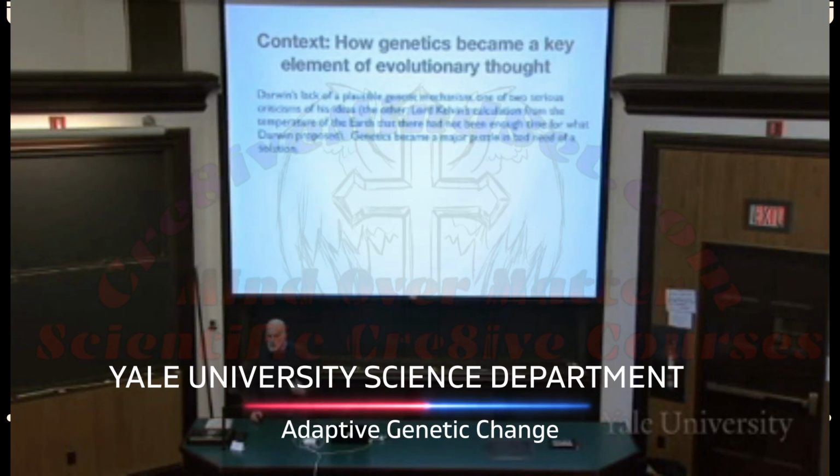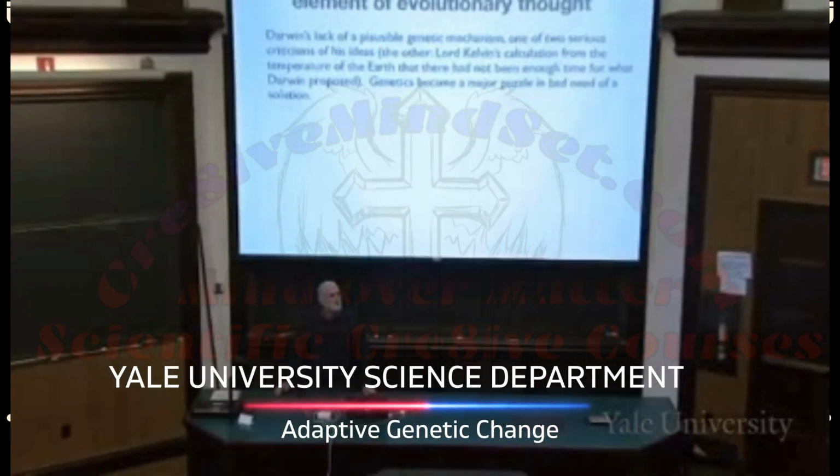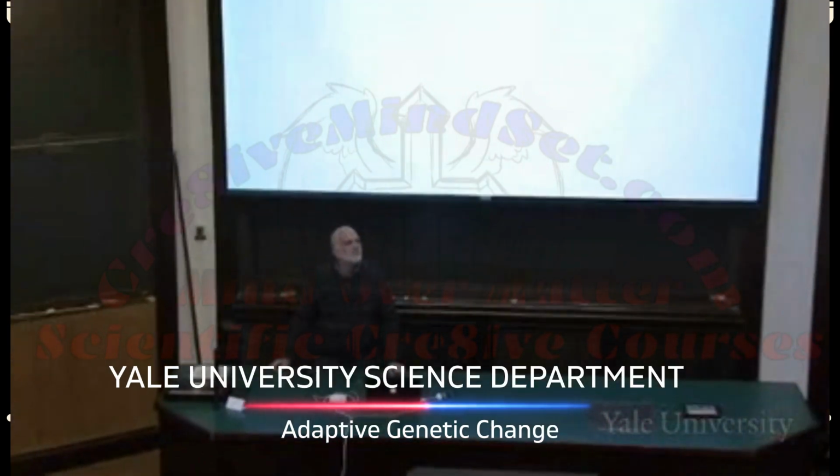And so he reacted by incorporating elements of Lamarck into his later editions. If you read the 6th edition of The Origin of Species, it's got some really Lamarckian statements in it, inheritance of acquired characteristics. Anybody here know what the problem was with Darwin's original model? Anybody know how Darwin thought genetics worked in 1859?